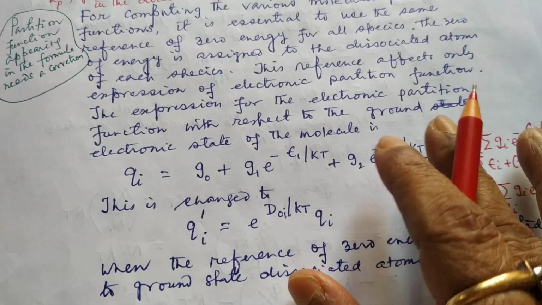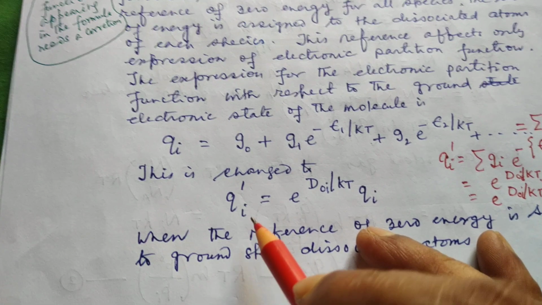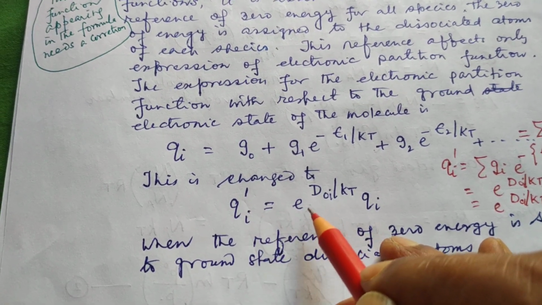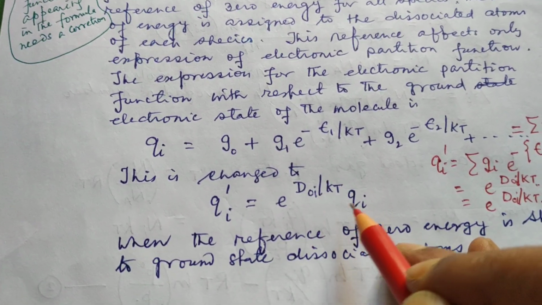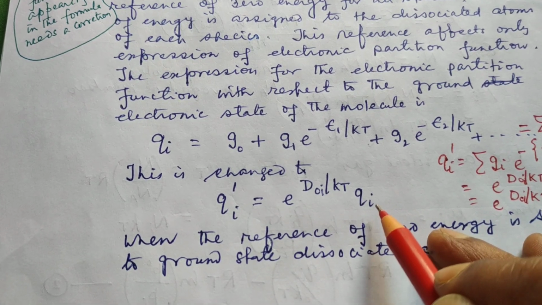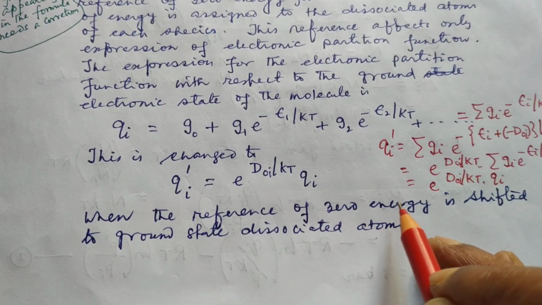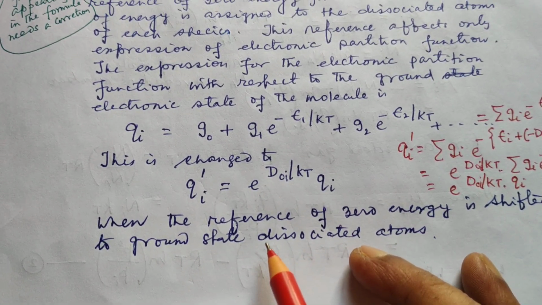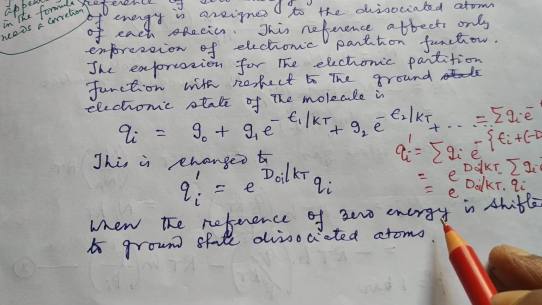Now this is changed to Qi dot, equal to e to the power D0i by kT times Qi, when the reference of zero energy is shifted to ground state dissociated atoms.